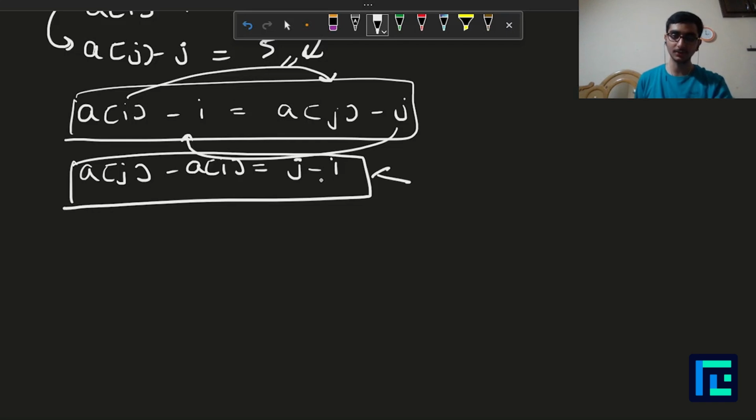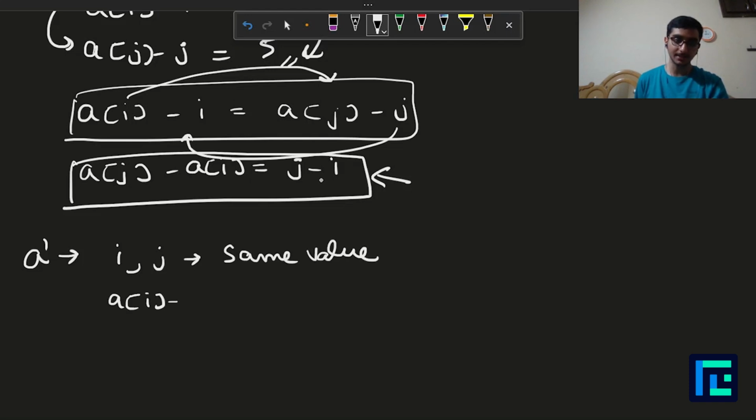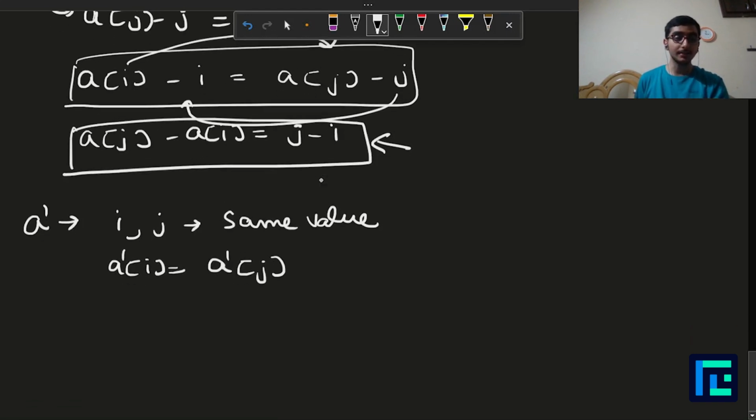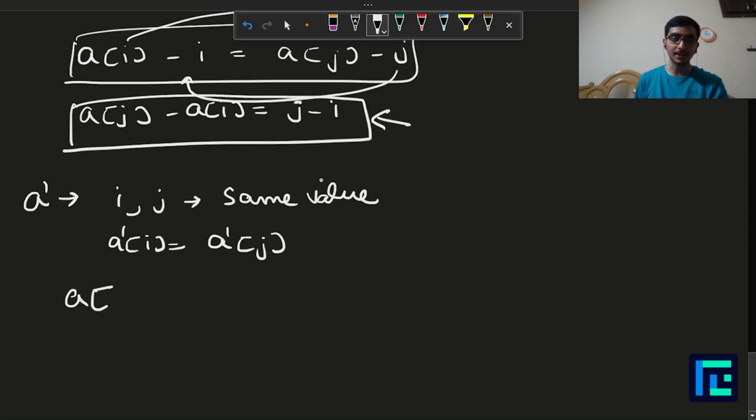And this is the equation which was given in the problem statement. So this proves that inside the new array A dash, if two indices i and j have the same value, that is, if A dash of i is equal to A dash of j, then in the original array A, it would satisfy the condition that A of j minus A of i equals j minus i.